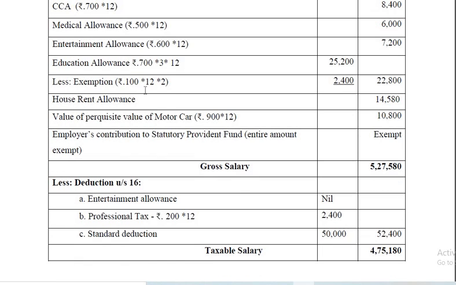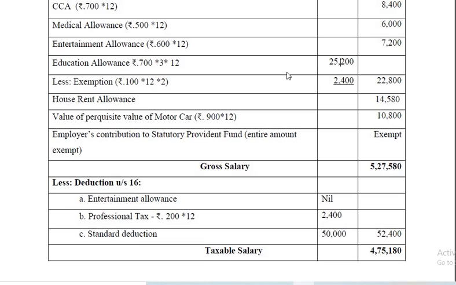Entertainment allowance is fully taxable, and deduction is available under section 16, but here, since the employee is not a government employee, deduction is not available. Education allowance 700 into 3 into 12. It is given separately. Therefore, 700 each per month, so for 3 children, for 12 months, comes to 25,200.